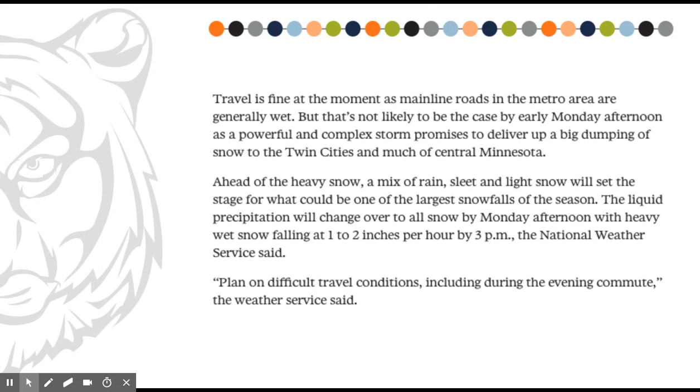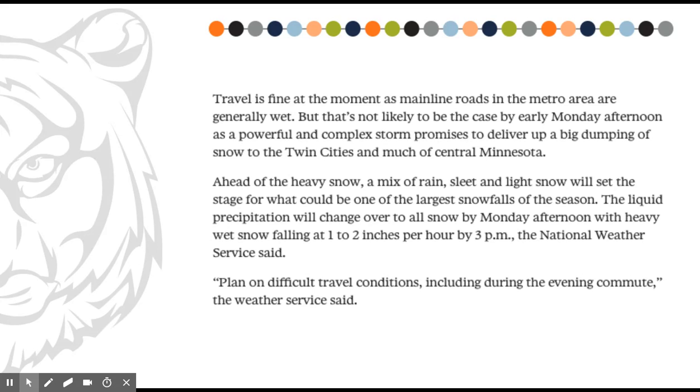Then on the second reading, the teacher would model. Travel is fine at the moment as mainline roads in the metro area are generally wet, but that's not likely to be the case by early Monday afternoon as a powerful and complex storm promises to deliver up a big dumping of snow to the Twin Cities and much of central Minnesota. Please write in one sentence what this paragraph is about.